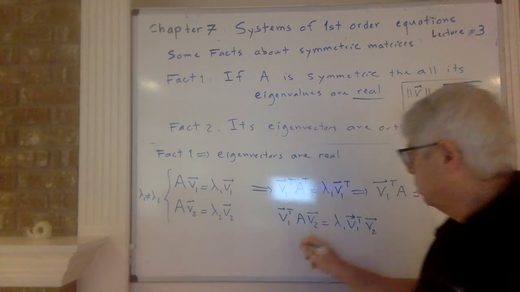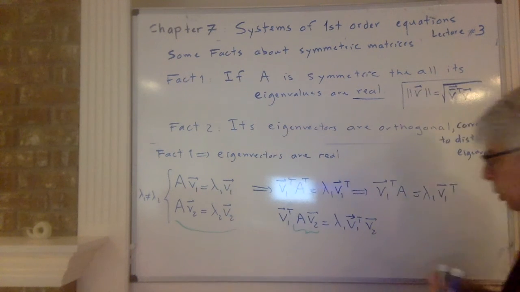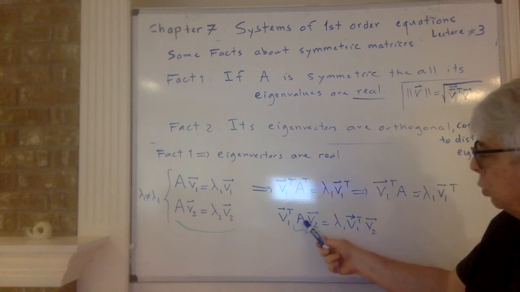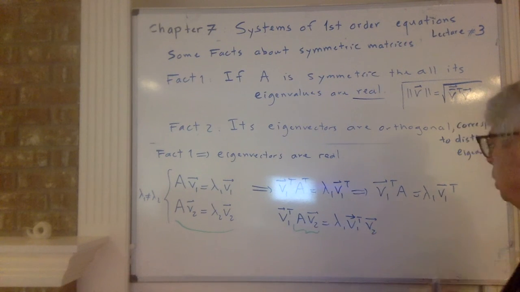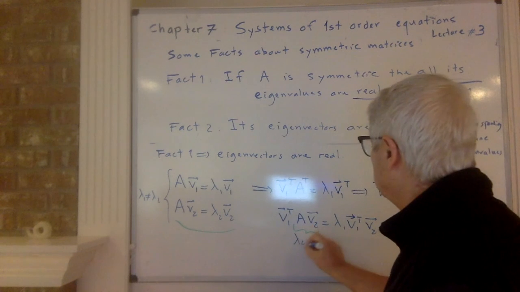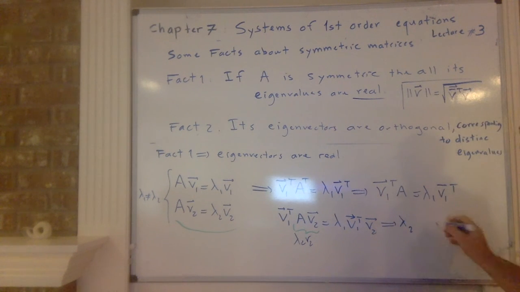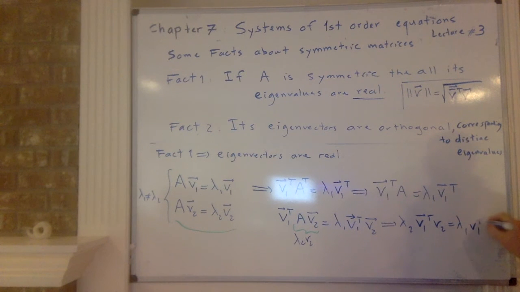Now, A V2 is lambda 2 V2. So I just write lambda 2 V2 here, and lambda is just a constant. So I have lambda 2 V1 transpose V2 equals lambda 1 V1 transpose V2.